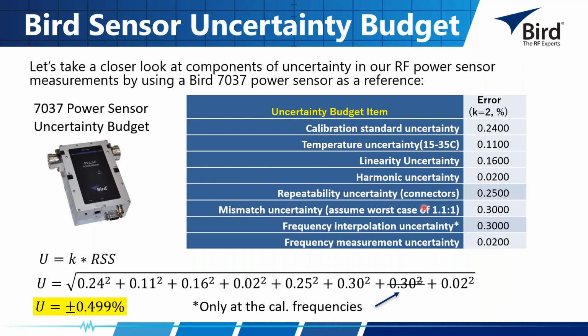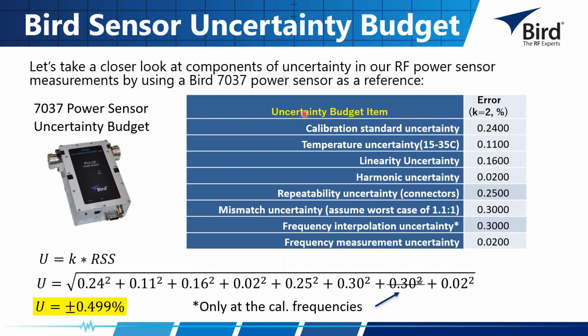This is our 7037 sensor, which, as of right now, is our highest accuracy sensor, plus or minus 0.5%.